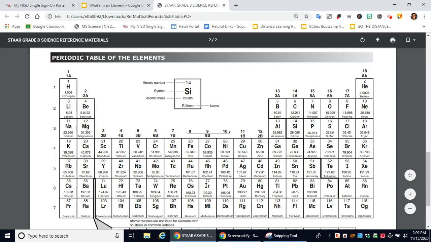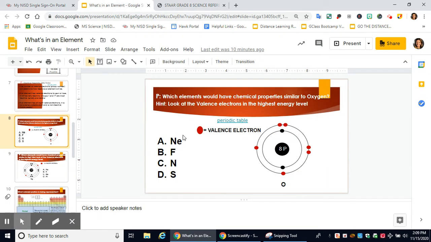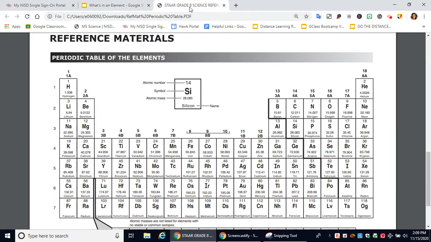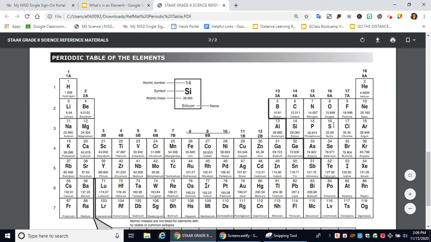They all need 2 valence electrons to fill that shell. So going back to our question, is it going to be neon, fluorine, nitrogen, or sulfur? If we look, we can see sulfur is in the same group as oxygen, so our answer choice would have been sulfur. Fluorine is in group 17, so we would not choose fluorine. Okay?